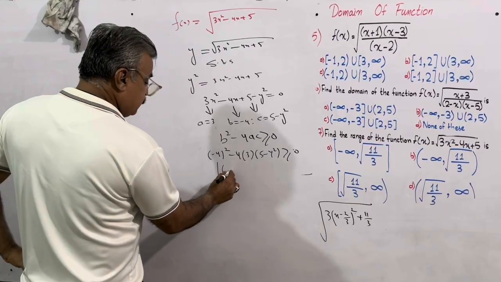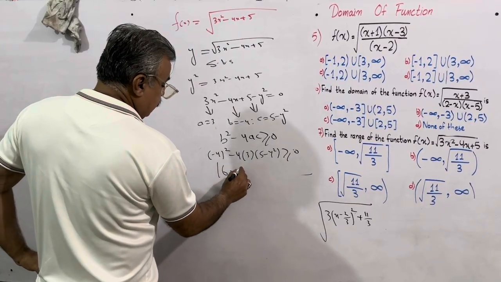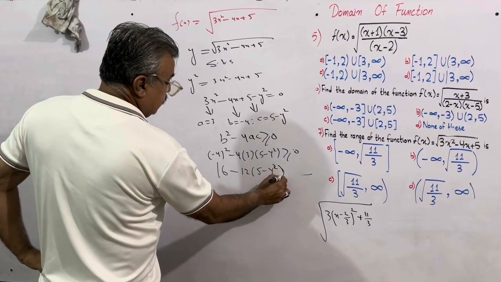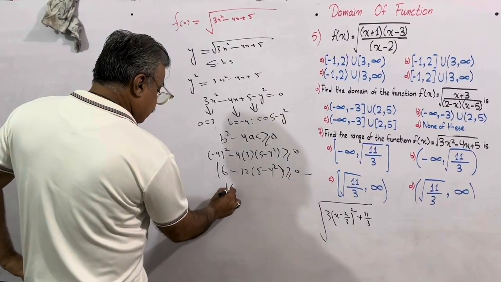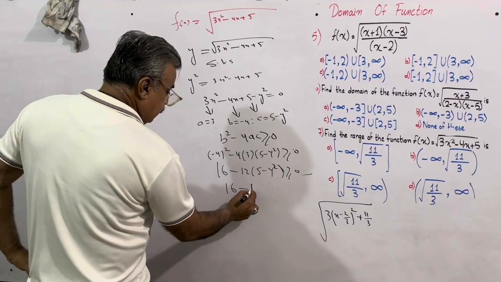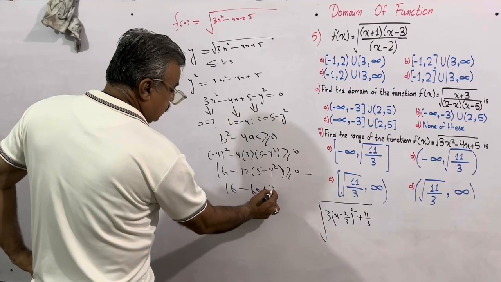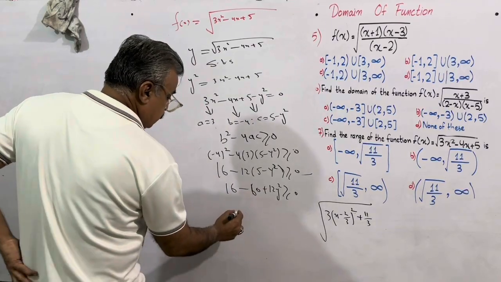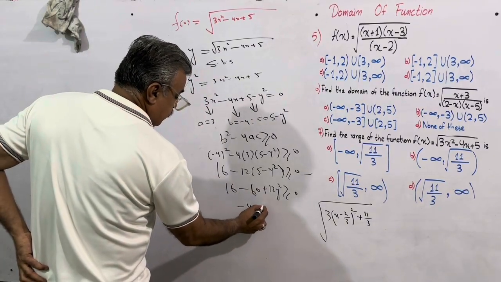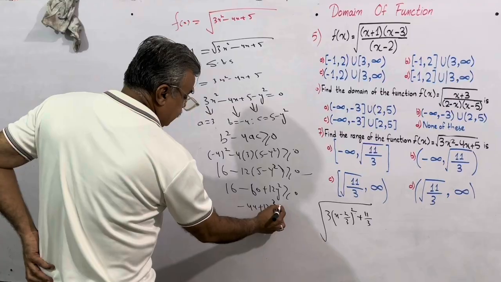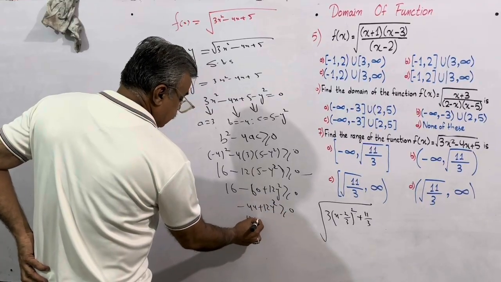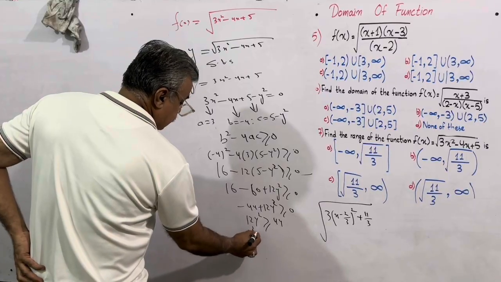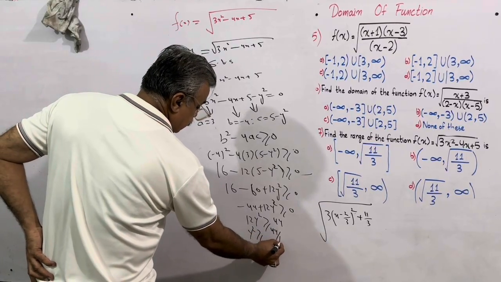It becomes positive 16, minus 12 times 5 minus y squared, so 16 minus 60 plus 12y square is greater than or equal to 0. Plus 16 minus 60 gives minus 44, plus 12y square is greater than or equal to 0, or 12y square is greater than or equal to 44.